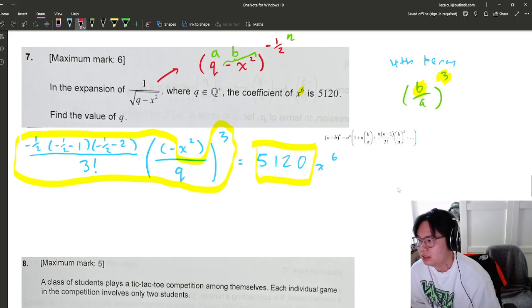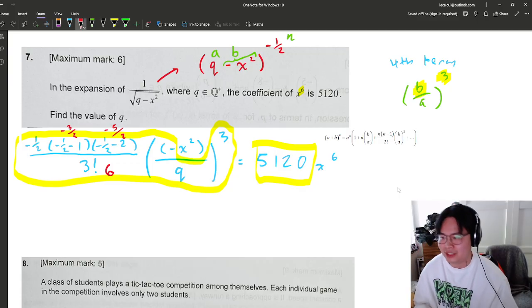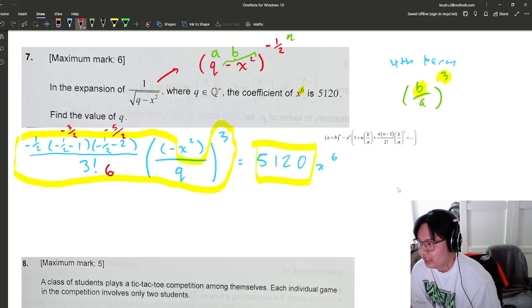Disgusting. Okay, what is this? This is negative 3 over 2. Negative 5 over 2. This is like 6. Sorry, I don't want to use the calculator unless I really have to. Okay, so we have negative, negative, negative, and then another negative here.